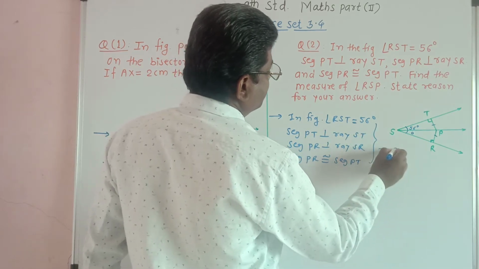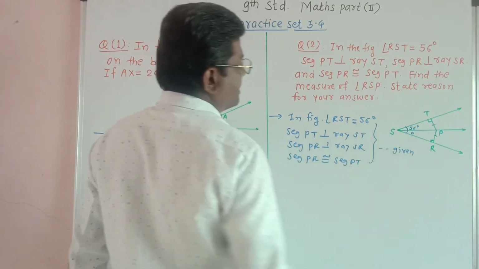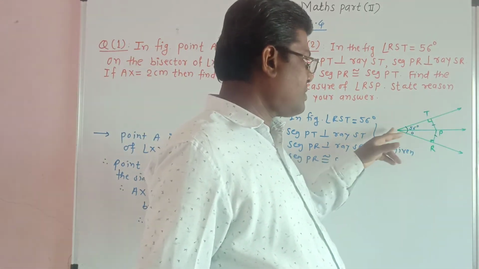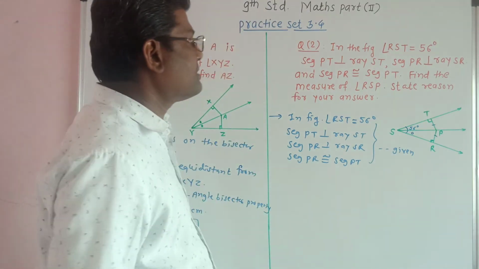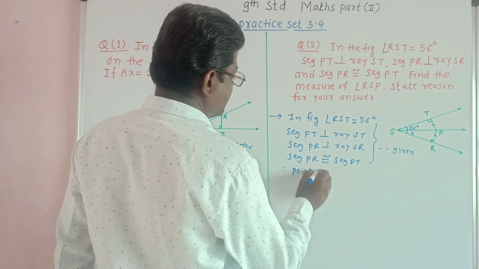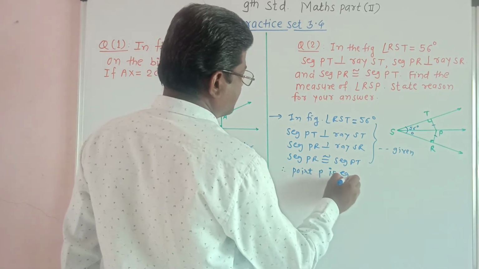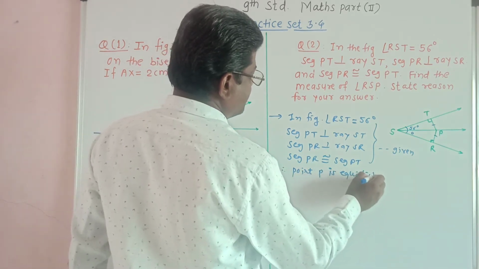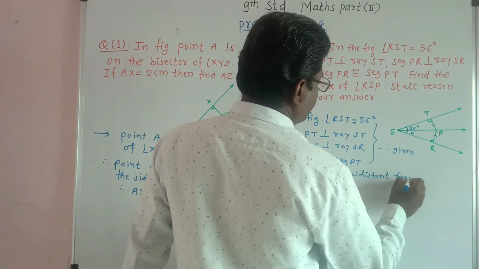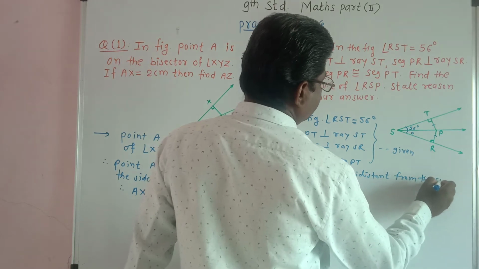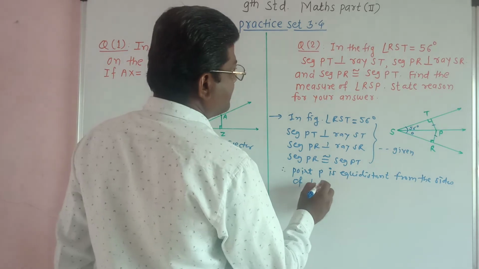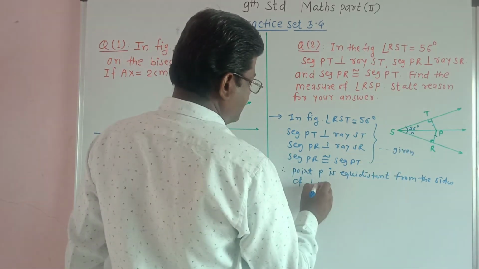It is given. Therefore, point P is equidistant from the sides of angle RST.